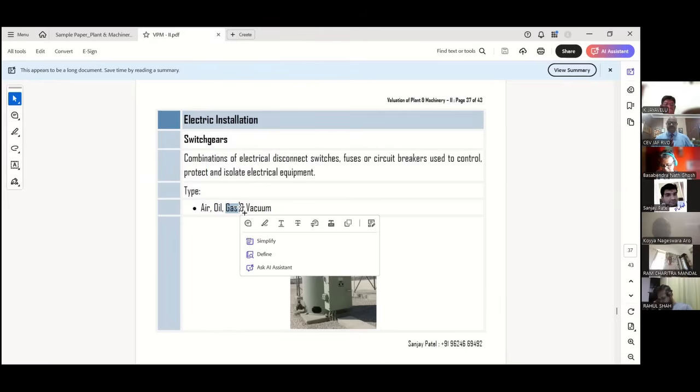So whenever there is a disconnection or connection, due to the high voltage or current, a spark is generated, and the spark is quenched by the gases. So many times there is a question, which types of gas are filled in switch gears?